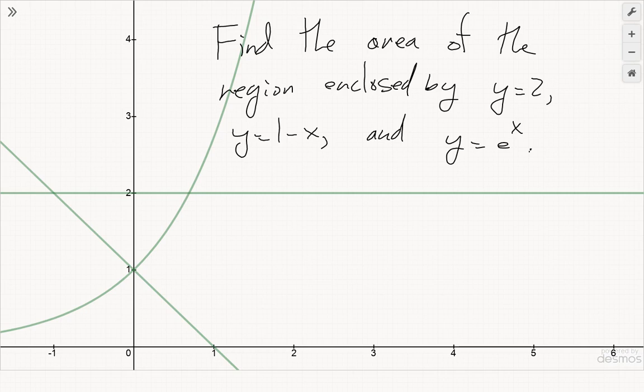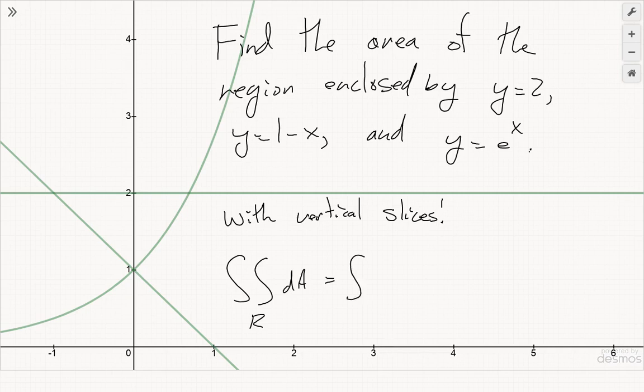So first, let's try doing this with vertical slices. Well, again, we'll want to break up this integral into two different regions if we're doing it this way. So R1, which is where 1 minus x is the bottom bound, and R2, which is where e to the x is the bottom bound.